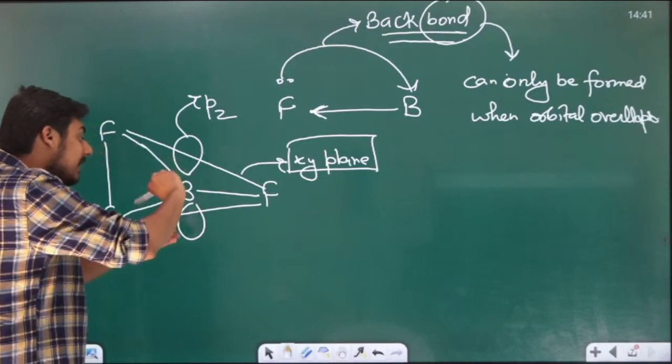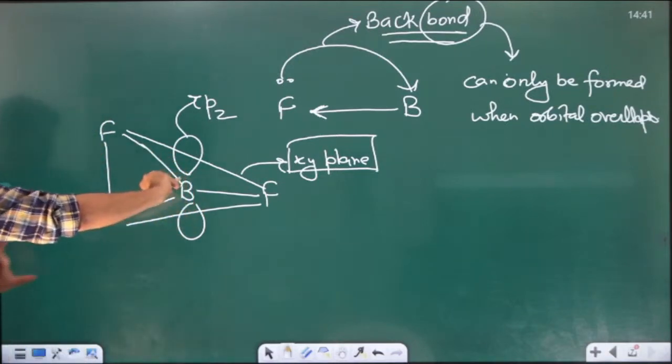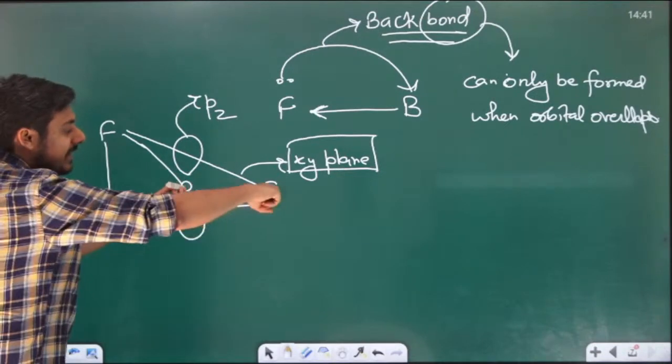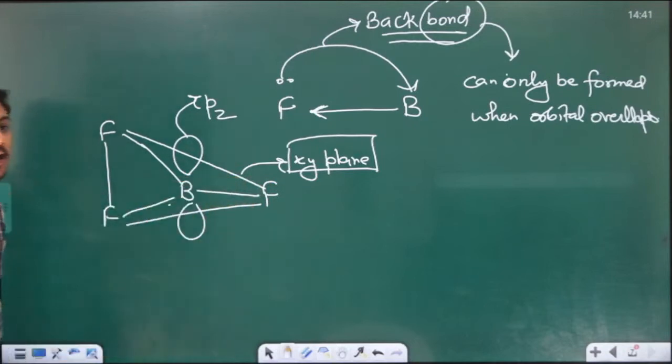If this orbital was directing towards the incoming group, then there can be head-on overlap. If this is not directing towards the incoming group, then there is only one possibility left, and that possibility is to do a sideways overlap. And when atomic orbitals do sideways overlapping, we know that a pi bond generally forms.